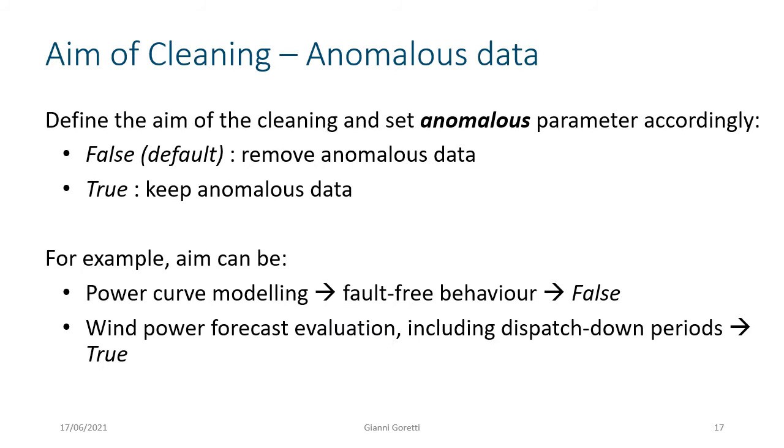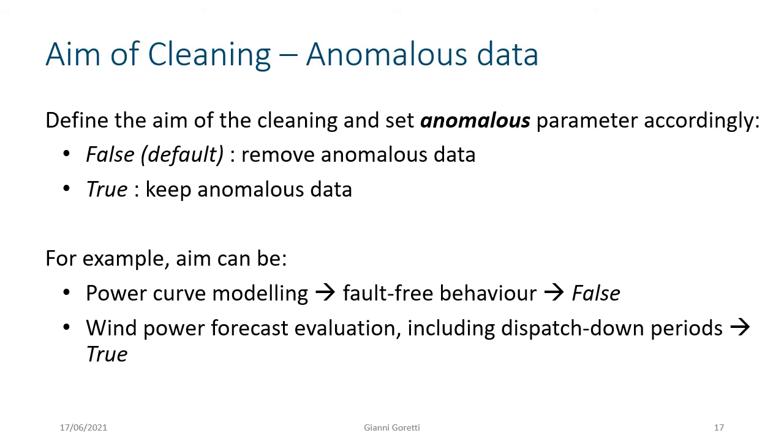This is done through the anomalous parameter in the function. If the parameter is set as false, as it is by default, all the anomalous data are removed, whereas if it's set to true, the anomalous data are kept.